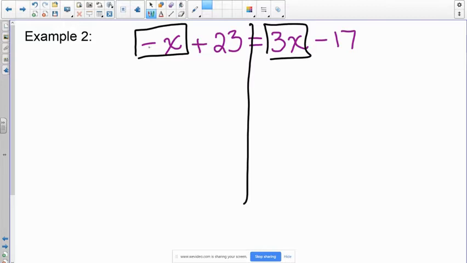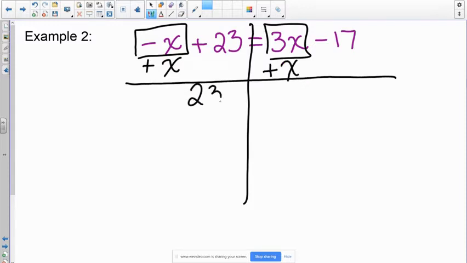So I'm going to pick on the little guy. Since negative x is smaller than 3x, I'm going to add an x. So I get 23 is equal to 3x plus an x, which is 4x, minus 17. And now I can start solving my problem because I want x by itself.